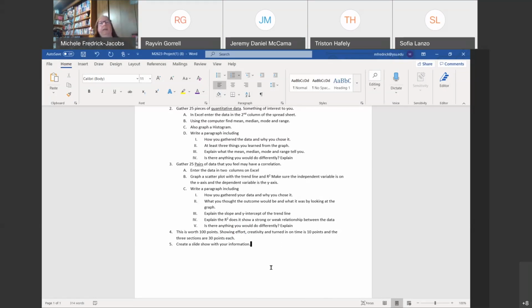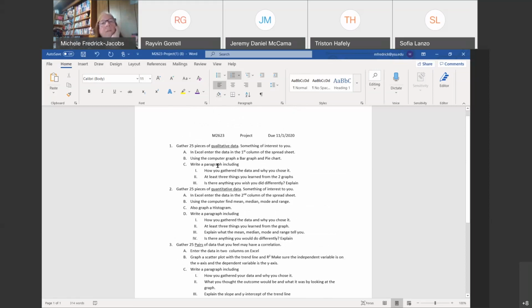But like the first one, the qualitative data, which was the types of cars or sunny, rainy, windy, you'll have all of your data in the spreadsheet and you're going to find a bar graph and a pie chart. And then you're going to explain everything.